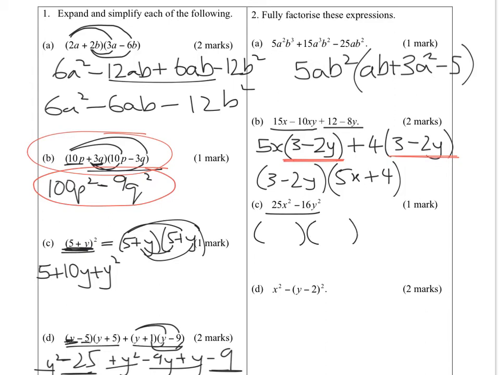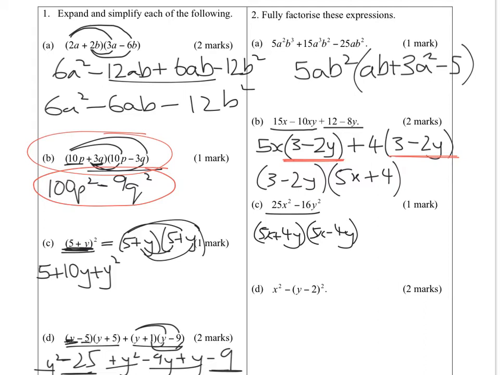So instead of squaring the first, we are going to square root the first, which is 5x, which occurs in both. Square root the second, which is 4y, and it must have a plus and a minus in between either way.